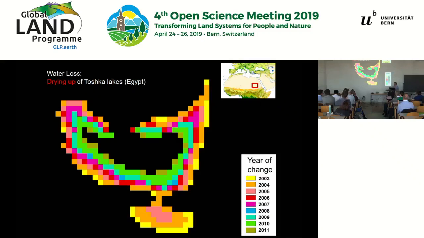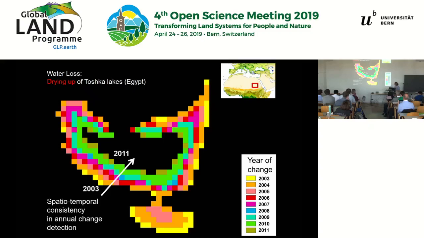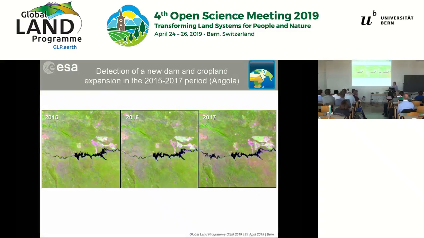So this is an illustration of the drying up of the Toshka lakes in Egypt, just to show that this is quite consistent in terms of spatial delineation of change and also in the temporal way. I have some illustrations for the recent years.